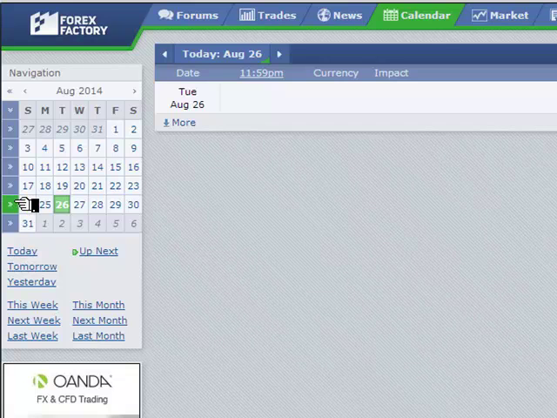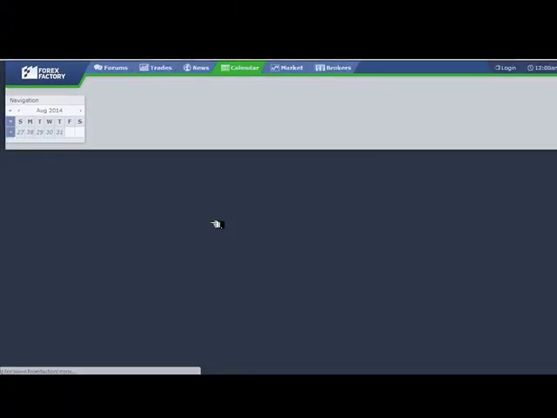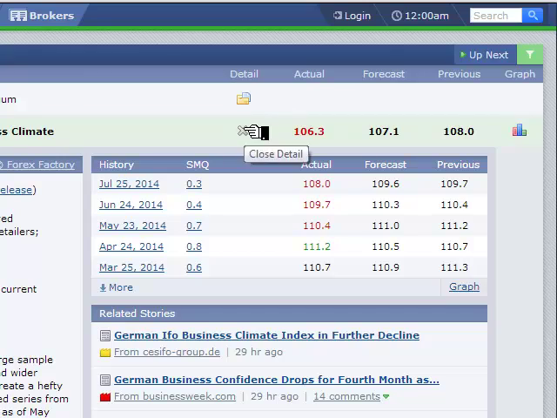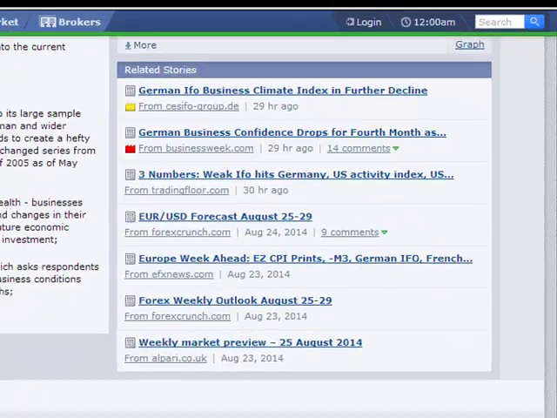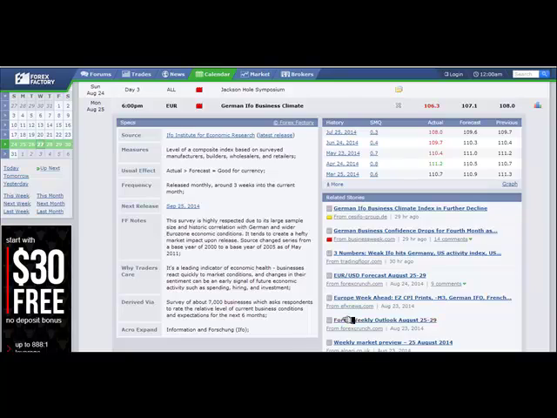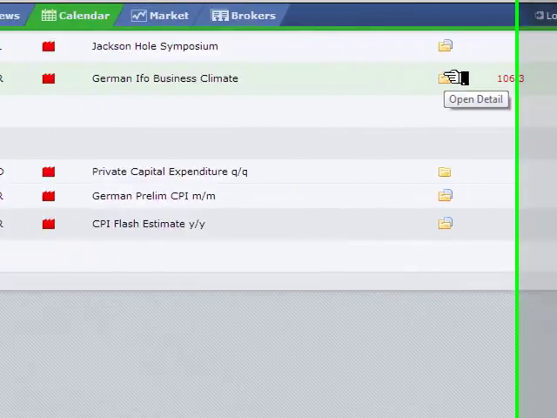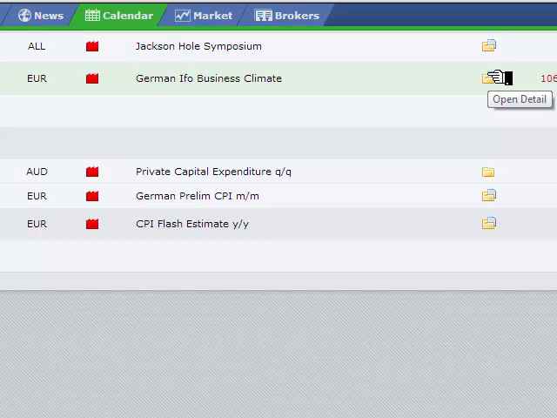If you want to display the detail of a red news item, you simply have to click on the detail link, and that will reveal this information. To hide it, close the detail.